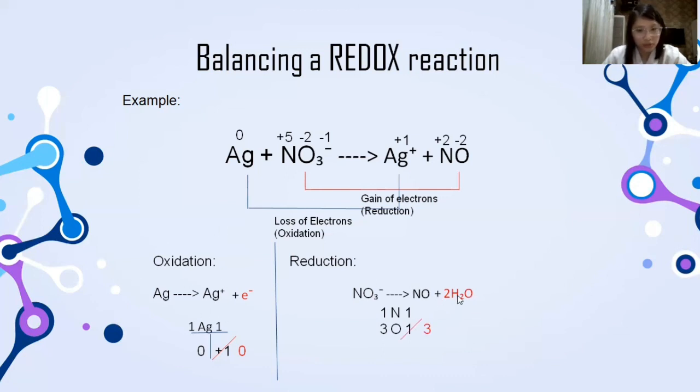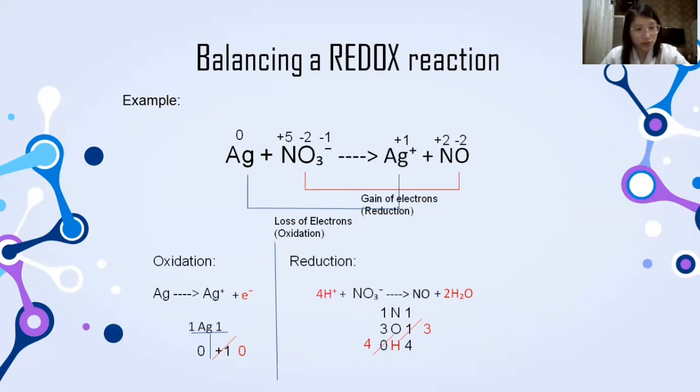But now that we have added water, a new element is introduced, which is hydrogen. There are 0 hydrogen atoms on the left side, but there are 4 hydrogen atoms on the right side. To balance this, we have to add 4 hydrogen ions on the left side. Now that all the coefficients are balanced, we'll have to balance its charges as well.